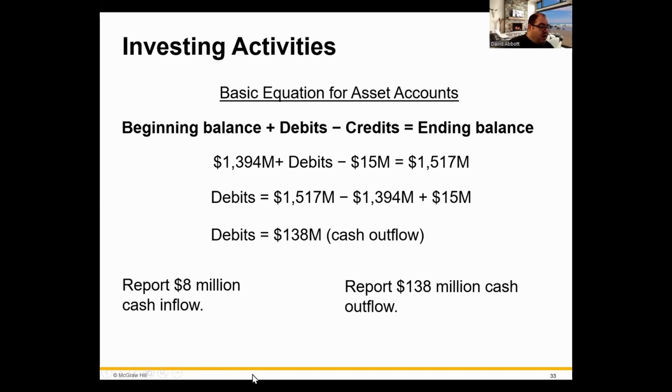Now, the basic equation for asset accounts can be used to determine that Apparel needs to record a $138 million cash outflow related to the purchase of plant, property, and equipment. And we calculate that using this. So we take our beginning balance, we add our debits, we subtract our credits. That gets us our ending balance.